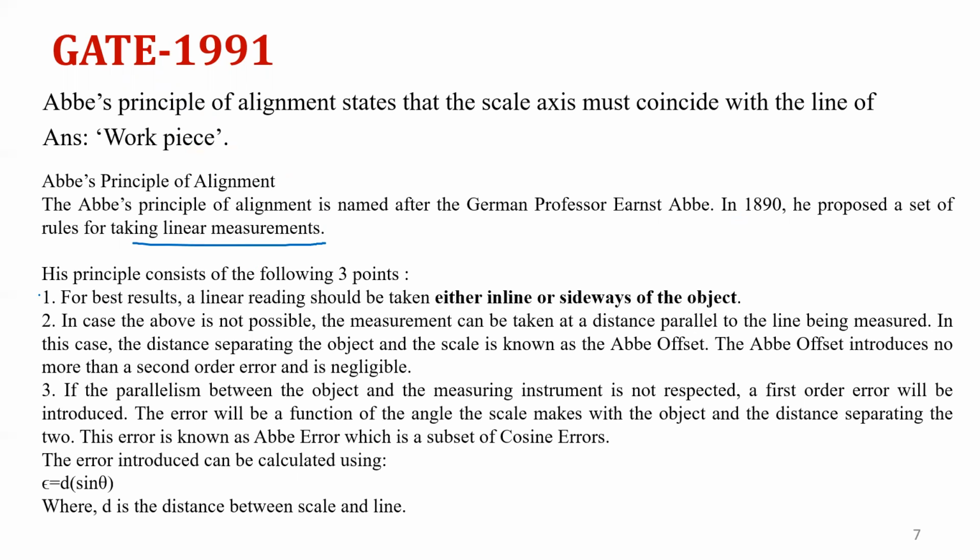So the first principle is, for best results, a linear reading should be taken either inline or sideways of the object. So it should coincide with the line of the workpiece.